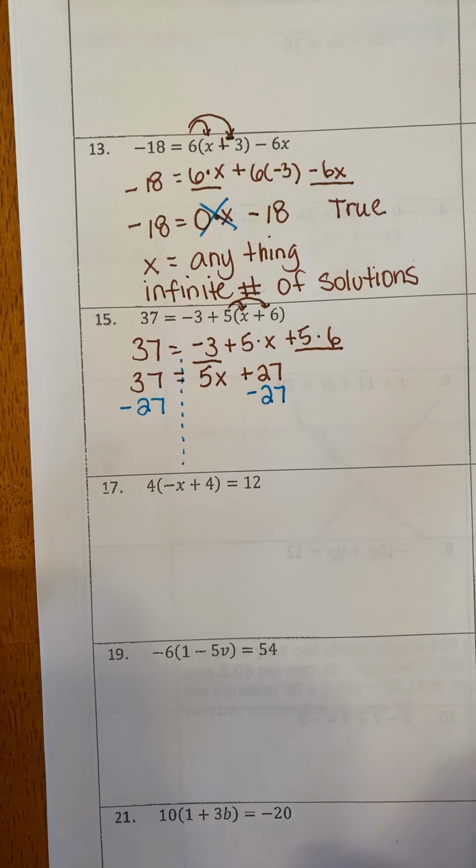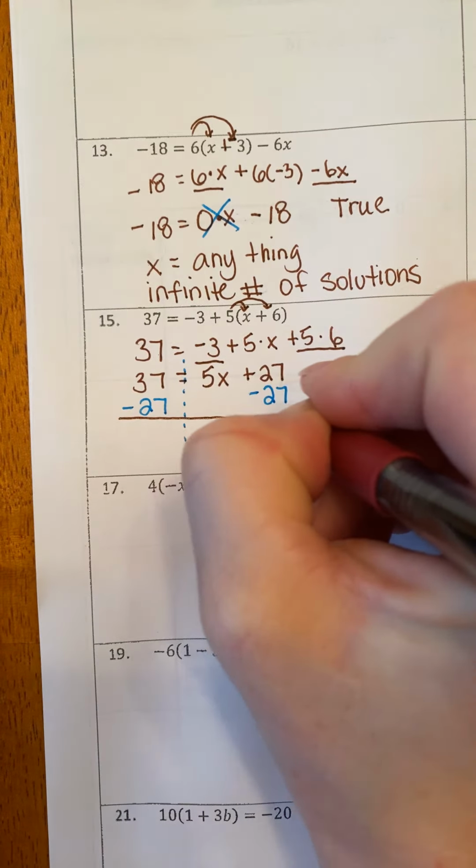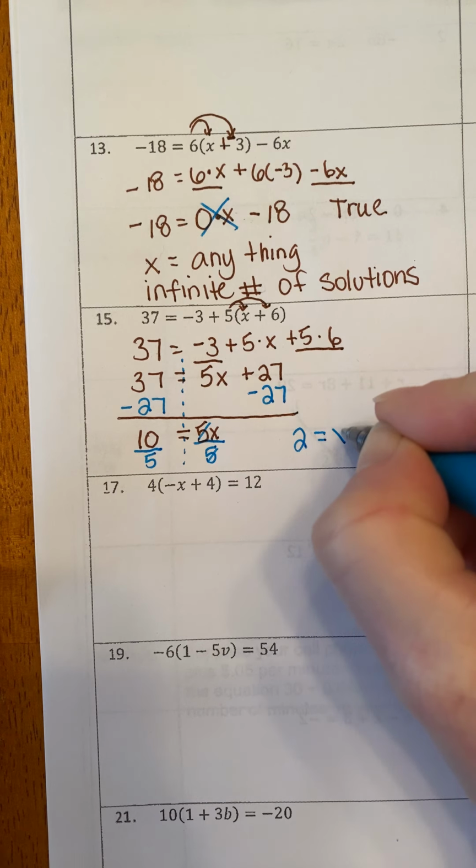And when I do that, 37 minus 27 is 10 equals 5 times x. So I undo 5 times x by dividing both sides by 5. 10 divided by 5 is 2, so I'm left with 2 equals x.